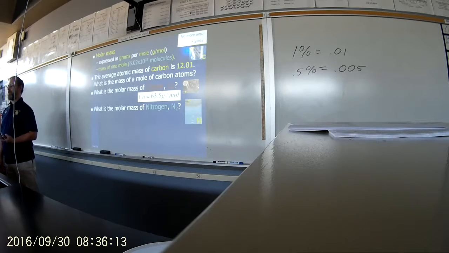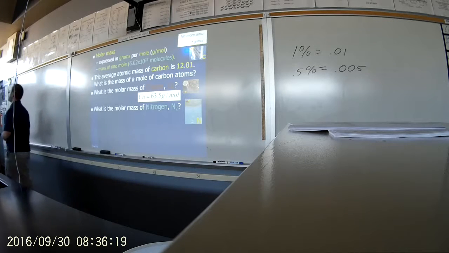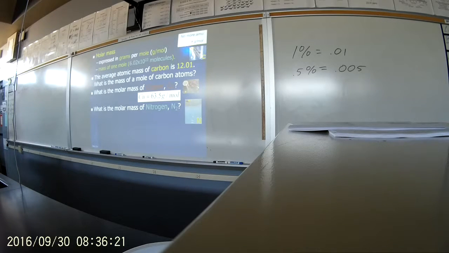And what is the molar mass of nitrogen? This one's tricky. On the periodic table, it's 14.000. But remember Brinkelhoff? Brinkelhoff tells us the diatomic molecules.